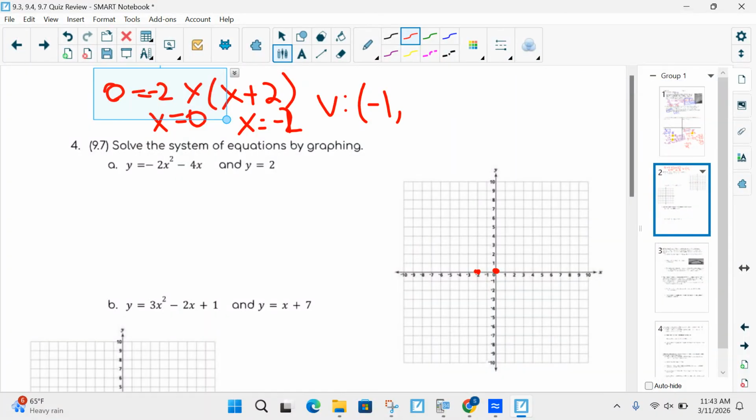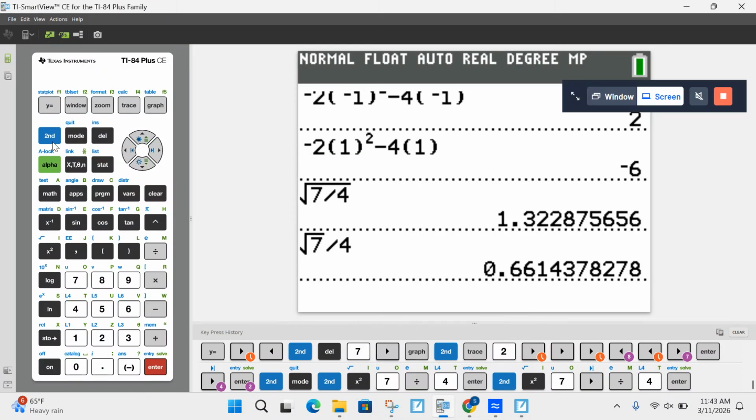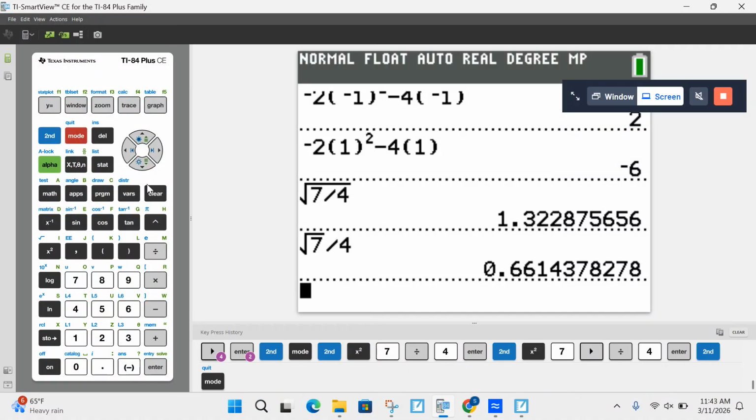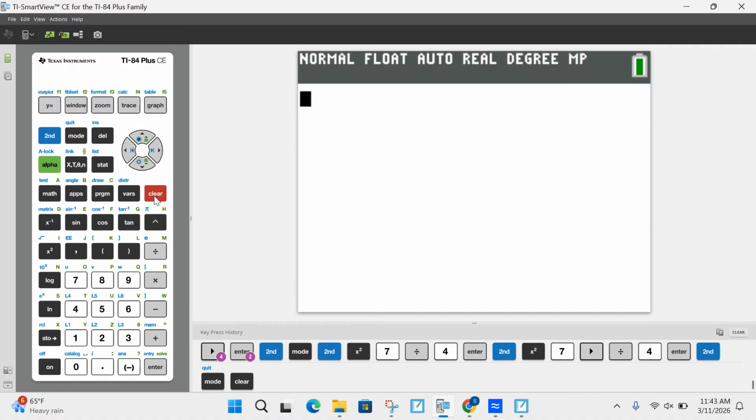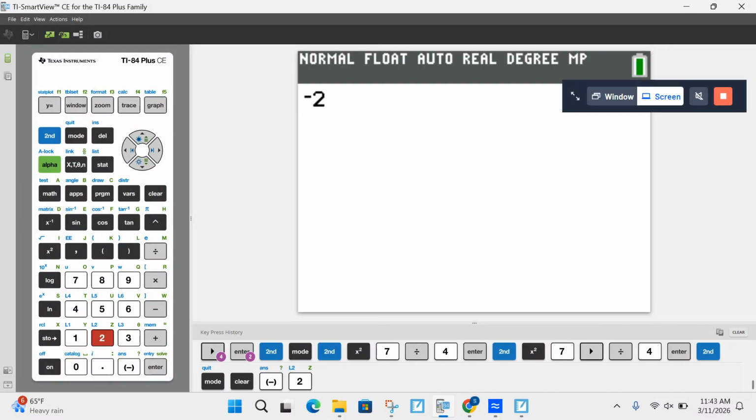So you have one of two options. You could plug it into the x's in the original equation in your head. You can type this into your y equals and look at the table. Or you could use your calculator to help you get the vertex. Like, for example, if I were doing this, I'd just do it on my paper and figure it out. But I'll show you.